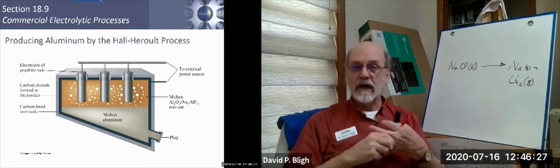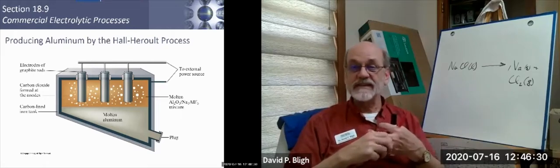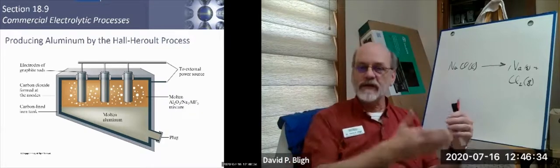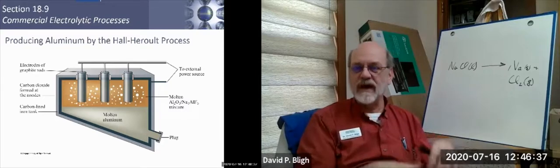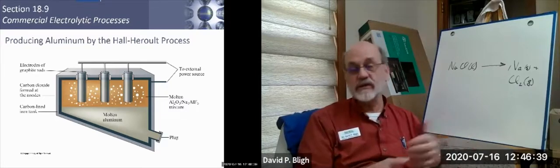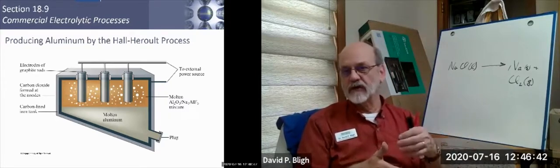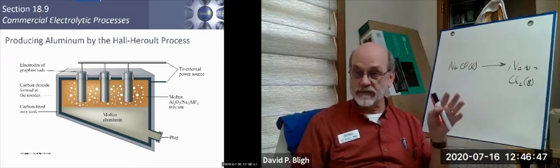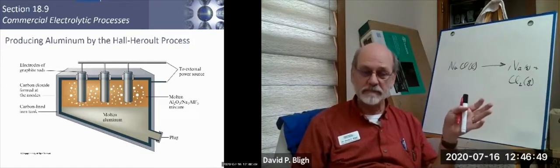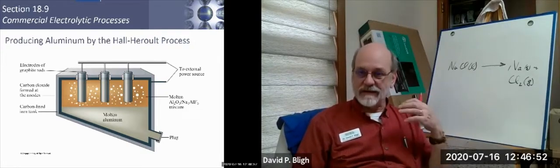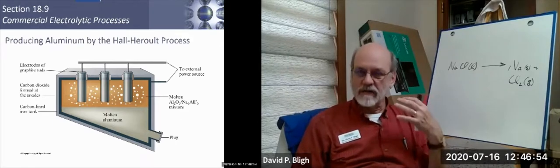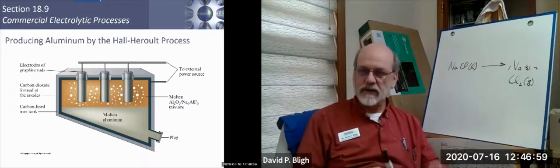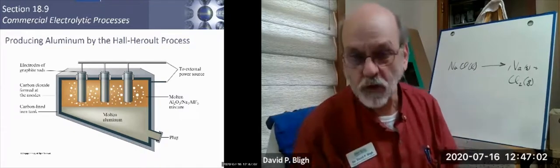Or there were aluminum processing plants in the Tennessee Valley. The government paid for that electricity by building dams on the Tennessee River, producing cheap hydroelectric power, which is common in some places, right? Northwest U.S., in Washington State, Oregon State, you have lots of cheap electricity there from hydroelectric. But you need lots of current to run the process. So that's where you look for sources of cheap energy.